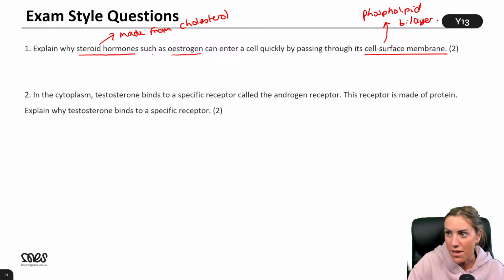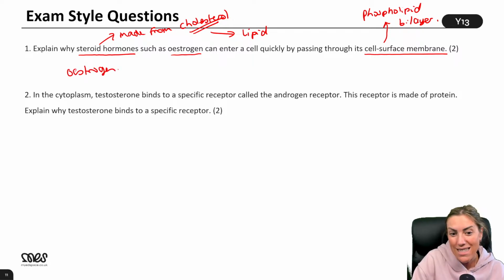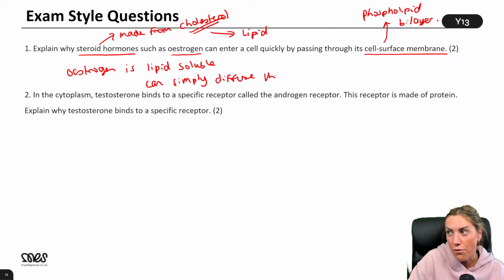And estrogen is a steroid hormone. It's not made of protein. It's made from cholesterol, which is a type of lipid. And there is cholesterol in that bilayer. Yeah, cholesterol is lipid soluble. So estrogen, because it's a steroid hormone and not a protein, is lipid soluble, which means it can simply diffuse through the phospholipid bilayer.